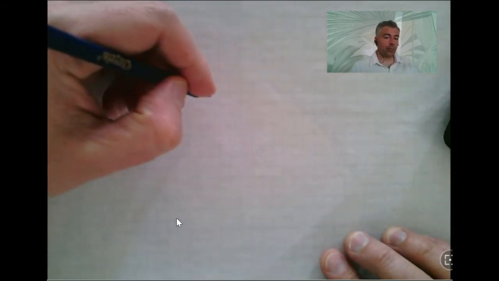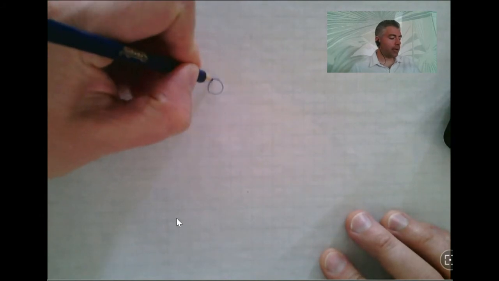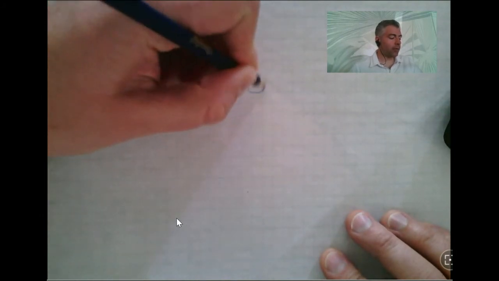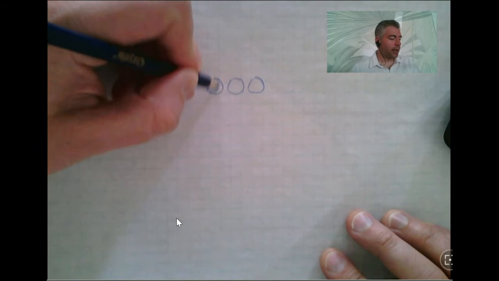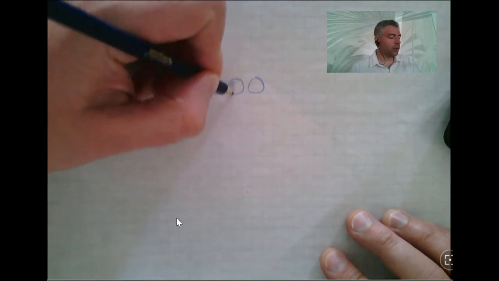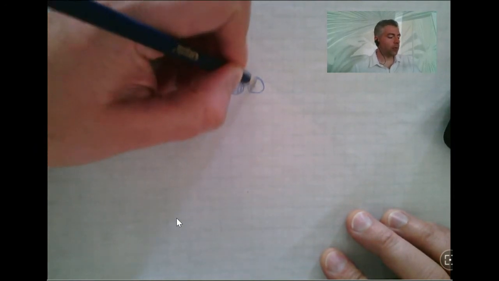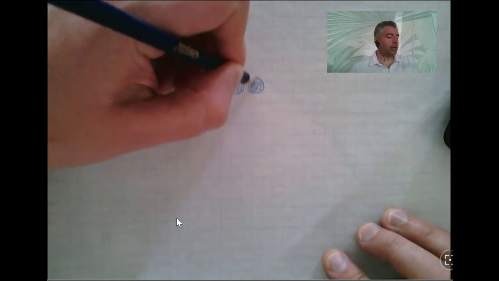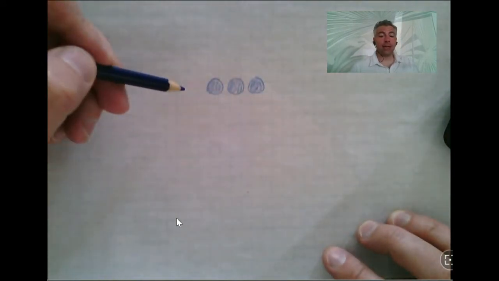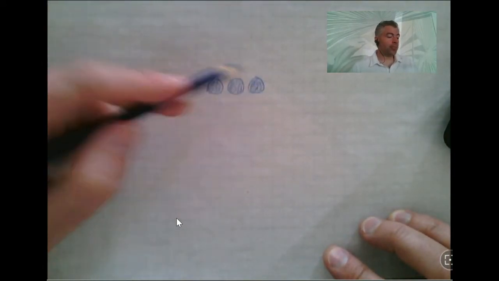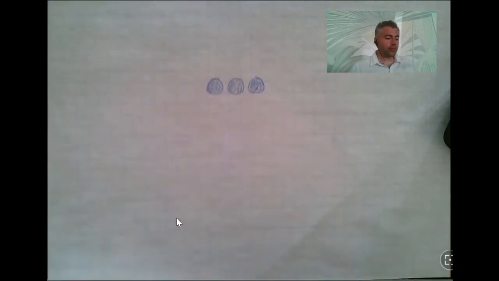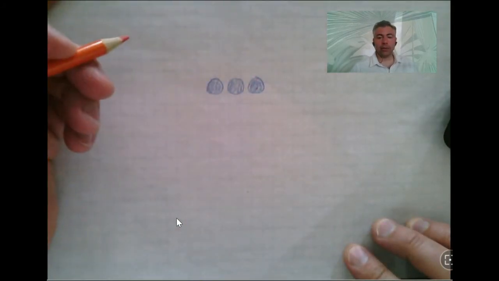Let me show you what I mean by that. So if we were to draw a picture of 3 circles, right, this is very close to a physical representation. You can imagine 3 blueberries, 3 counters, anything like that. So this would be a pretty basic level of visual model because it's a lot like a physical object, and we're counting to 3.